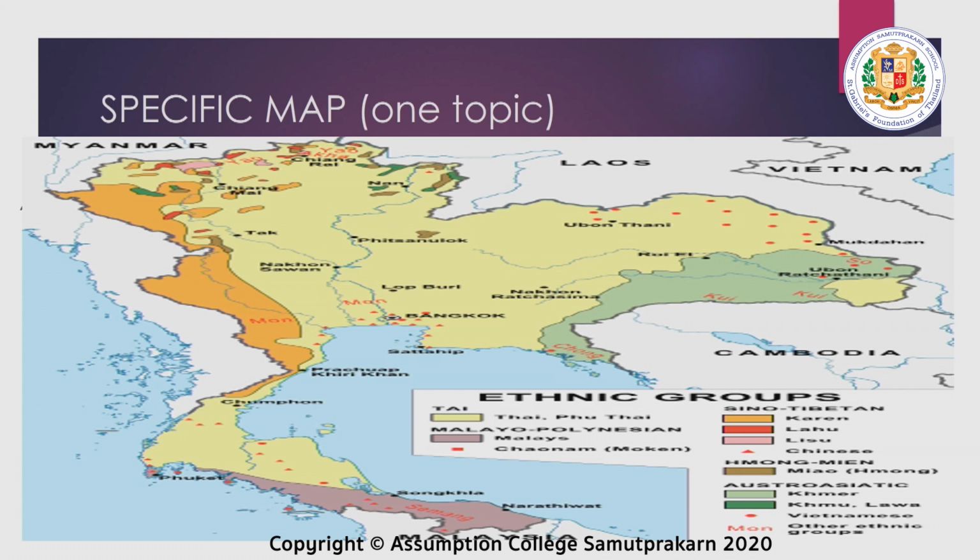Where do most Thai people come from? The blood or the ancestry. The light yellow represents Tai. This one represents the Malayo-Polynesian. This color represents the Sino-Tibetan. There are Mon, Lahu, Lawa, Chinese, Hmong. Now, this specific map shows Thai ethnicity. It shows only one topic.